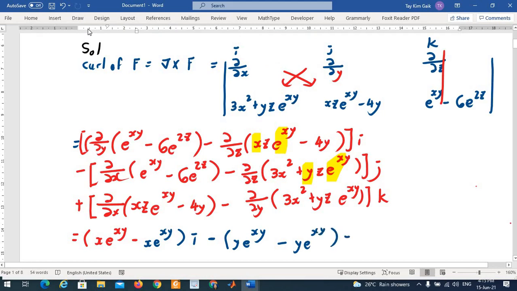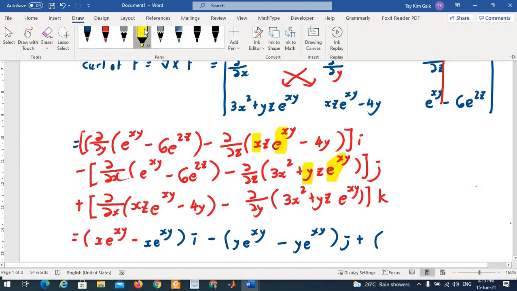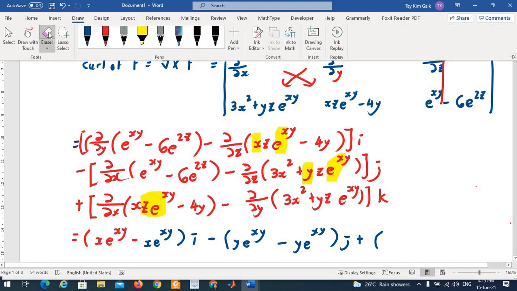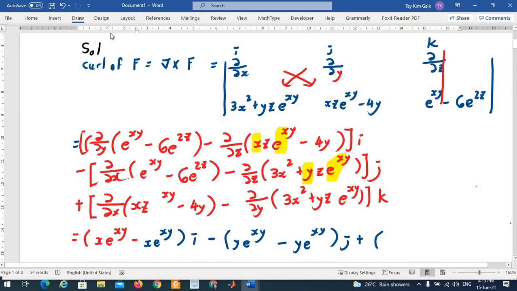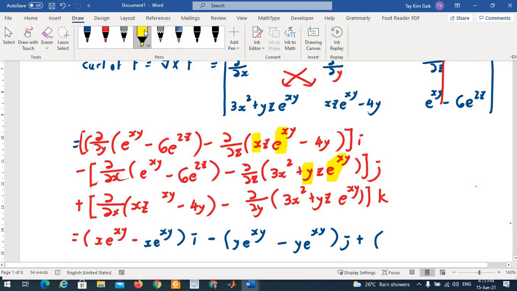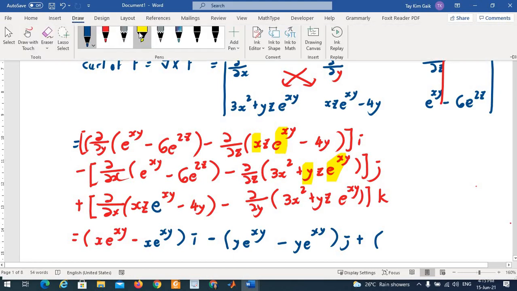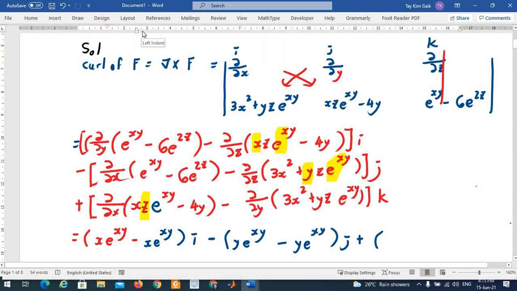This is component j. Component k, del x: when you differentiate with respect to x, y is constant and z is constant, so this is constant, but if you have the x here.